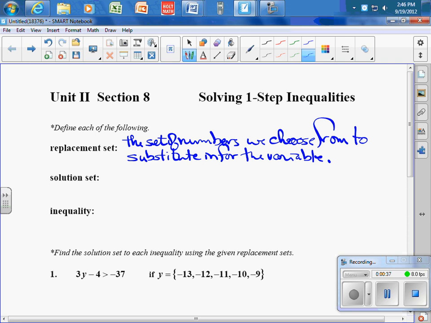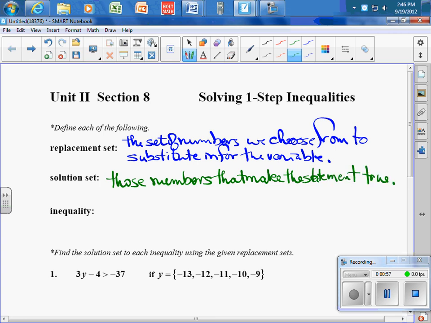The solution set is those numbers that make the statement true. In other words, we're looking for the answers here.